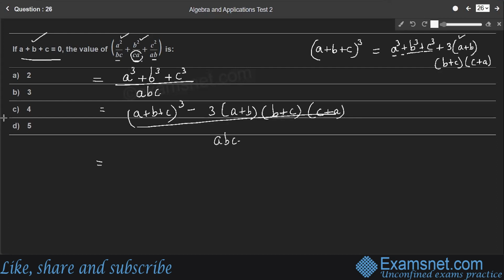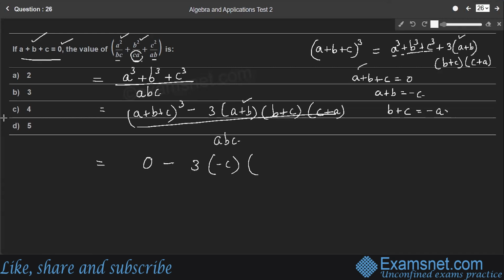Given that a plus b plus c is equal to 0, the first term in the numerator becomes 0, minus 3 times (a plus b), which can be written as minus c, because a plus b plus c is equal to 0. Therefore, a plus b is equal to minus c.